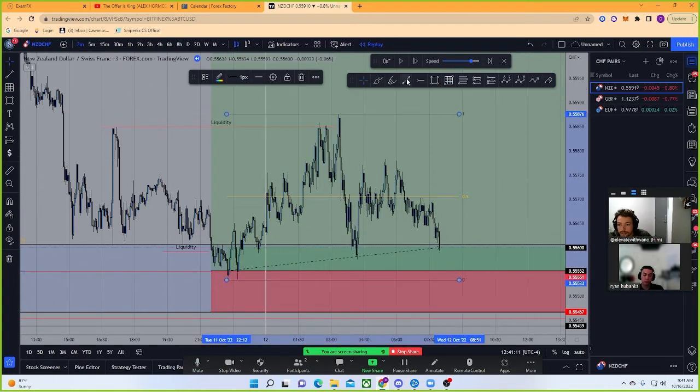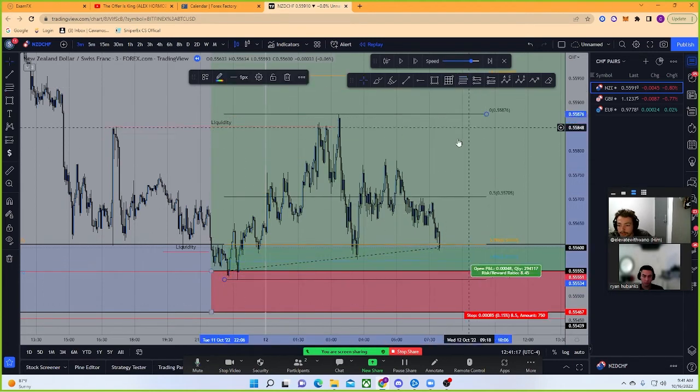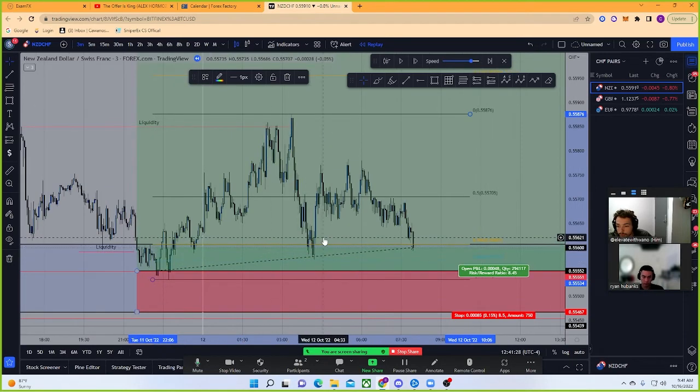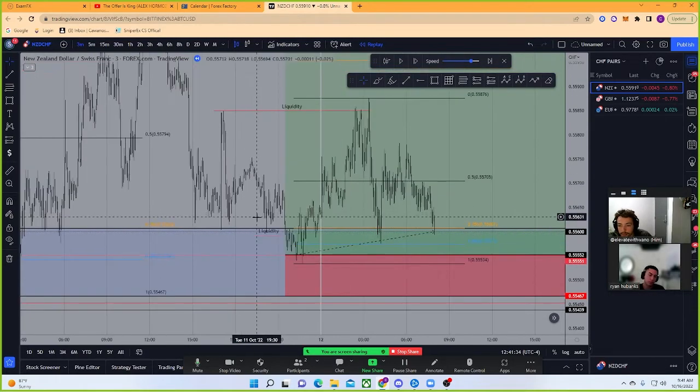We retraced almost to 886, but definitely that 786 into this last sell to buy candle here. Bang, sniper. You could have even waited for the bullish engulfing to form and then took that entry, and then bang.